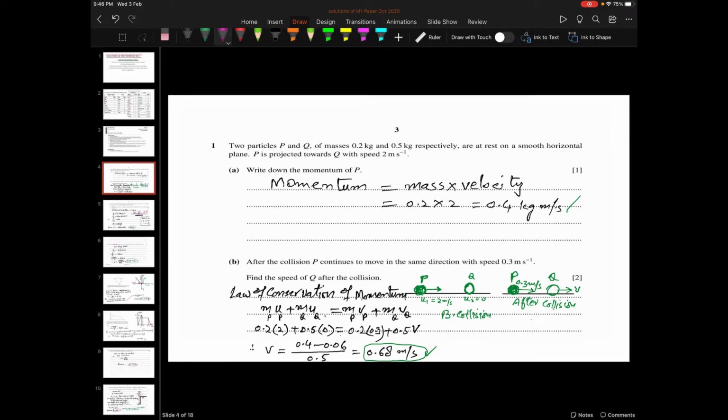Therefore, V, speed of the particle Q, is equal to 0.4 minus 0.06 upon 0.5, which is equal to 0.68 meter per second.